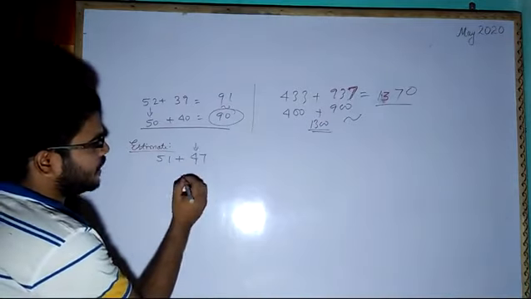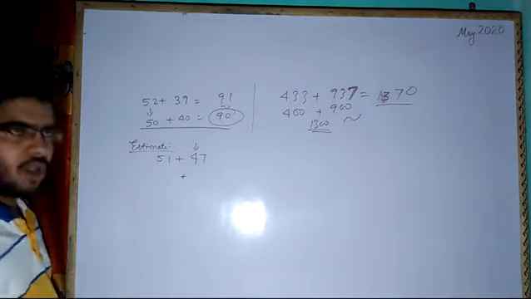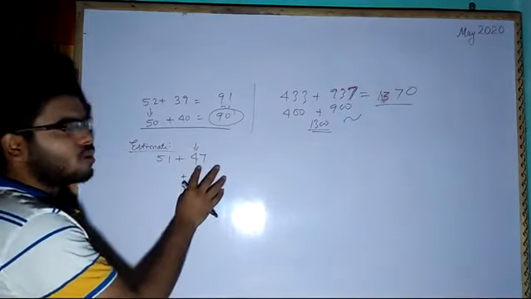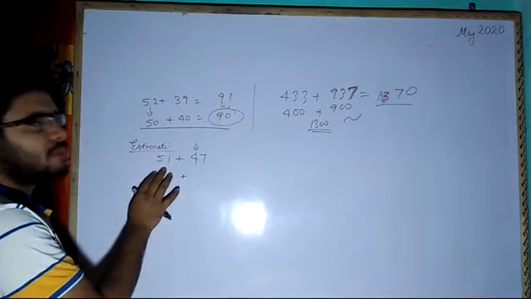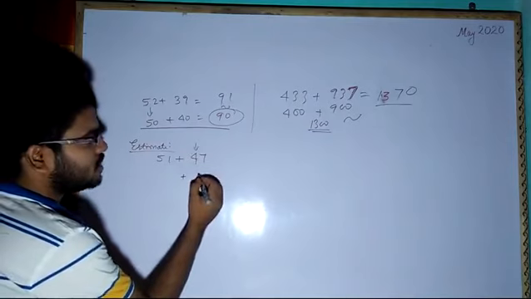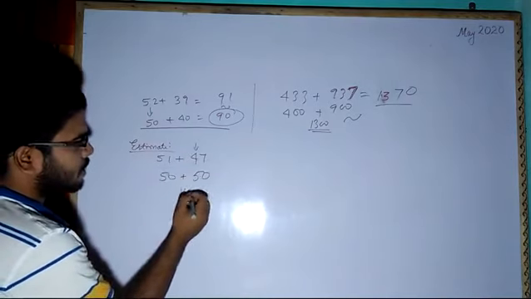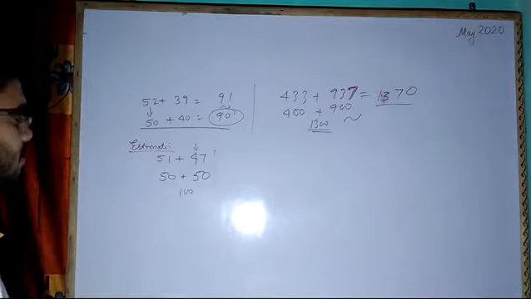First we see the smallest number, then we round off the smallest number and the biggest number according to it. That means a 2-digit number, tens. So this will become 50 and this will become 50. So 100. Now this is the estimated value.